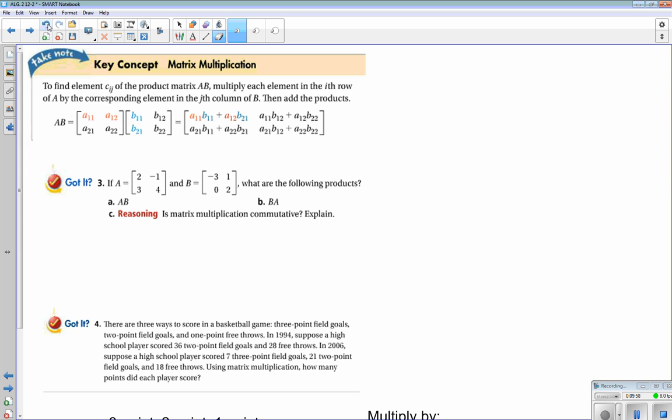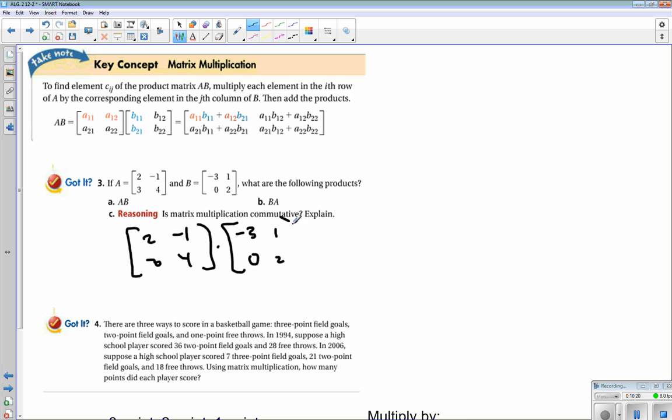All right, so let's try that. So we are going to find what A times B is. So we're going to go 2, -1, 3, 4 times -3, 1, 0, 2.